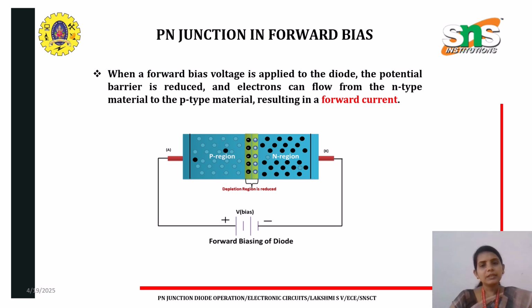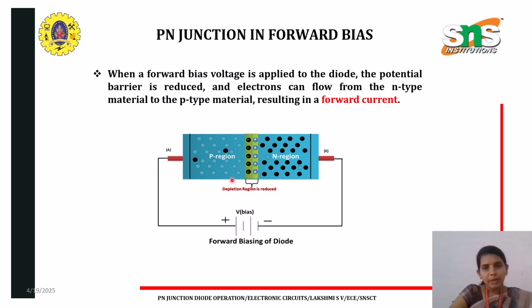So now let us discuss the working of the PN junction diode in forward bias. When a forward bias is applied, that is, positive connected to the anode and negative connected to the cathode. Positive to positive, negative to negative is called forward bias.